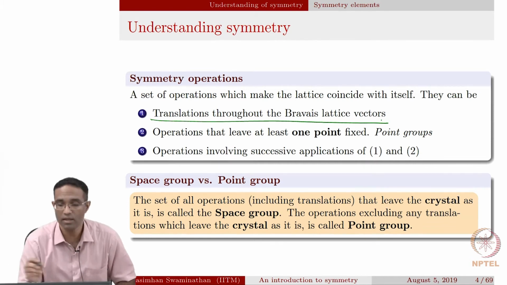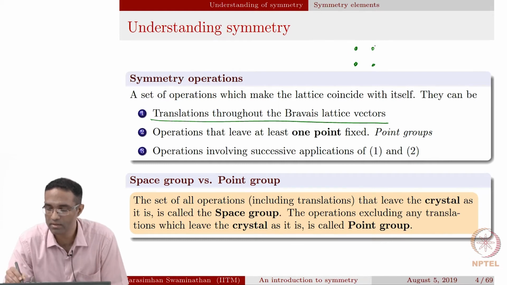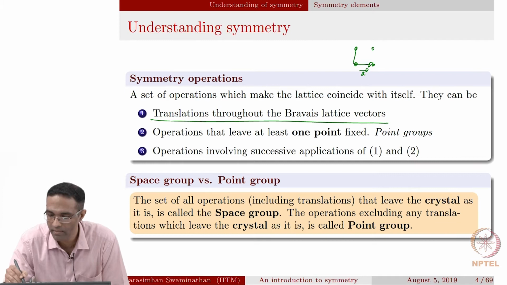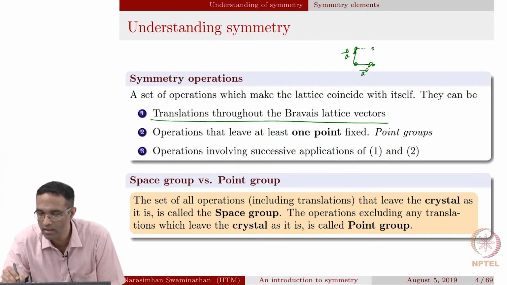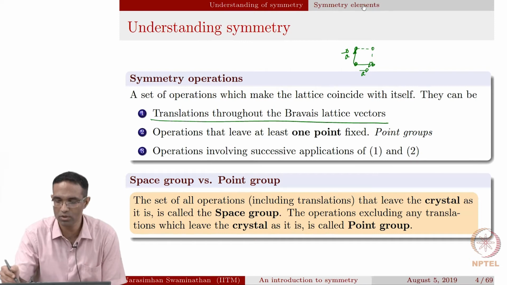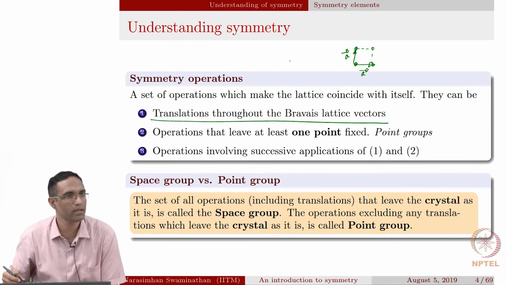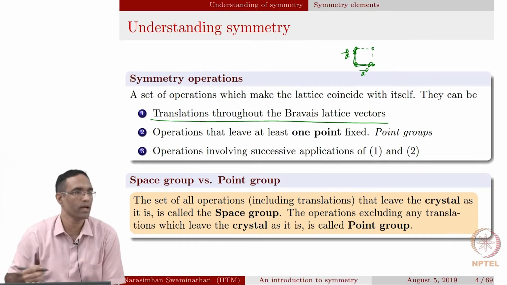You take the Bravais lattice, and these are the lattice vectors, and if I keep translating this unit cell about this A in the y axis, I will be able to regenerate the entire structure. I can also do it in the other two directions. This can of course be B, with this not being equal to A, and so on.